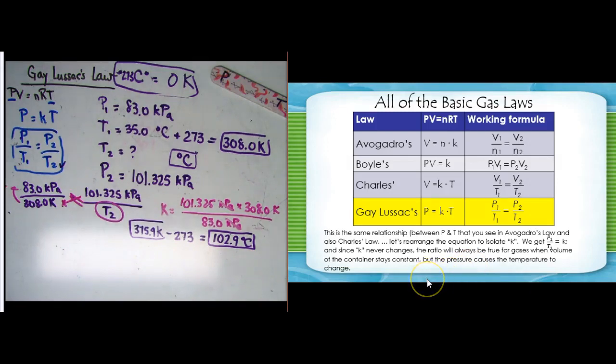I don't know what I did with it. Gay-Lussac is a really hard gas law to remember. There's no real way to say it other than the fact that the man has a very weird name. So if you go with very weird name, you know that volume is not included. Sorry, there is absolutely nothing else I can offer you here, but that may be a way to help you.